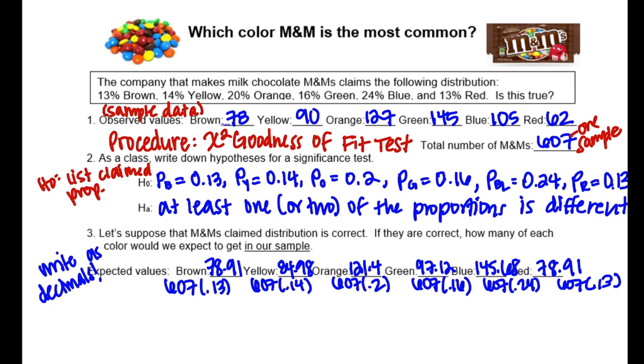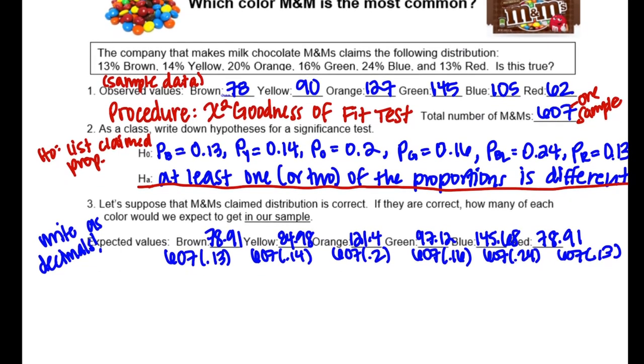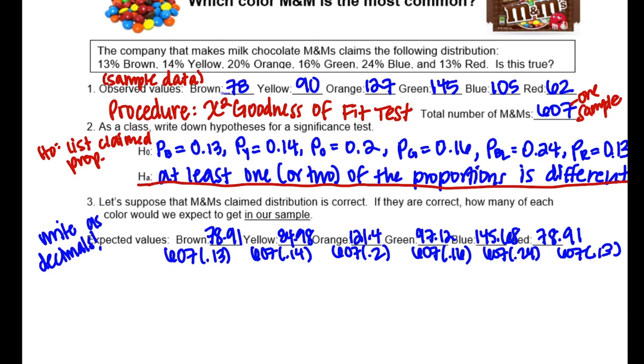And then for your HA, we say at least 1 or 2, both are correct, is different. And then we will move on to number 3. These are our expected counts. We have a formula for it. So the expected counts formula that we use, notice what we did was we took each sample, for each one we took the sample size n of 607 and then multiplied it by each proportion from the null.